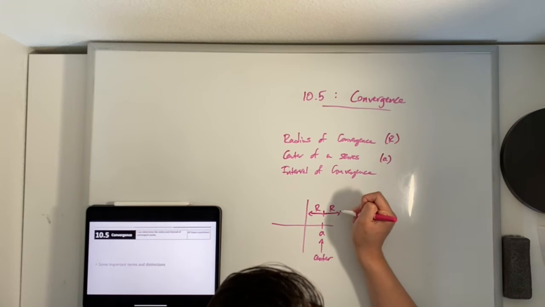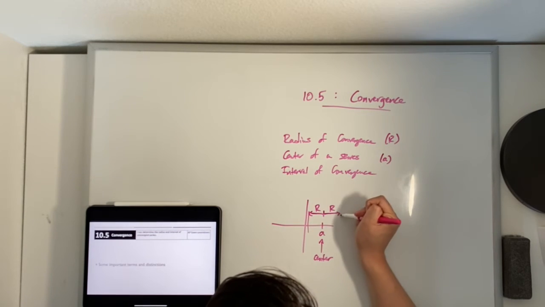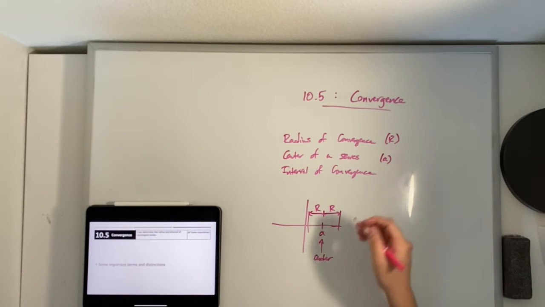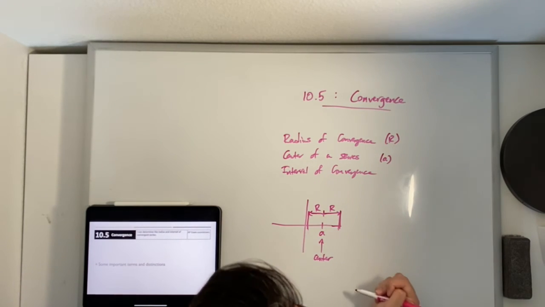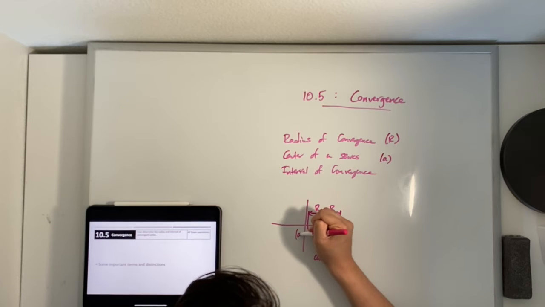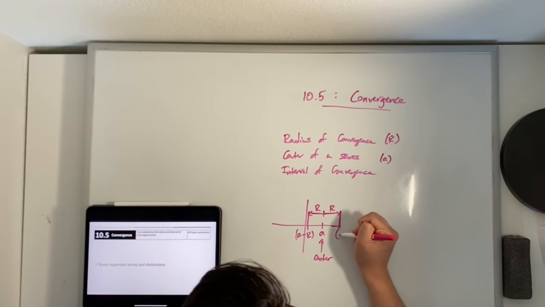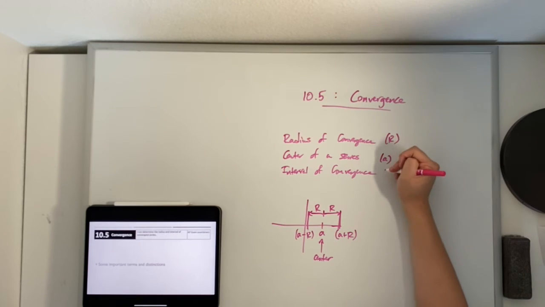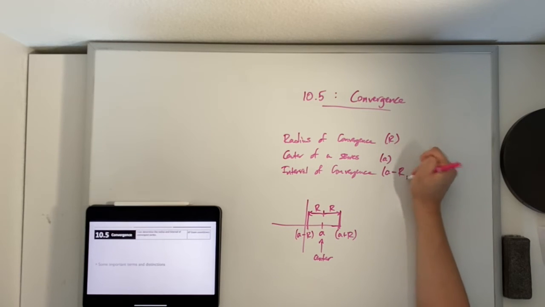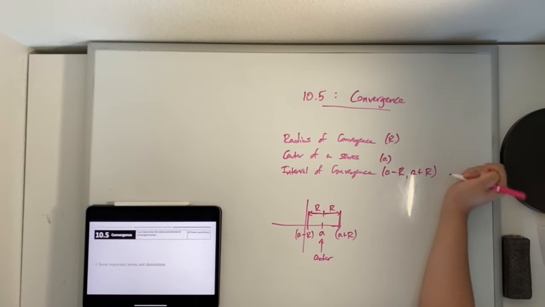So this is our radius, which means that our interval of convergence is going to be from this to this value. So this is A minus R, this is A plus R. So our interval of convergence is A minus R to A plus R.